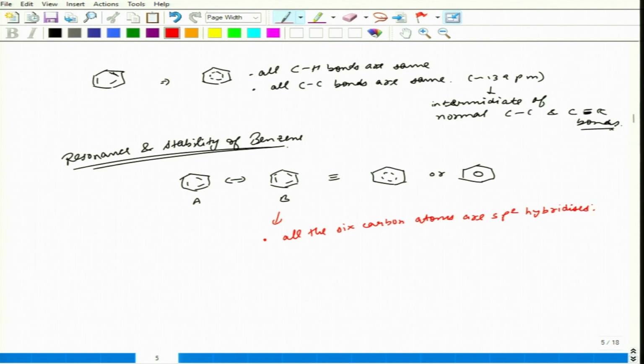Now let us look at the structure of it. Let us take this as carbon number 1.